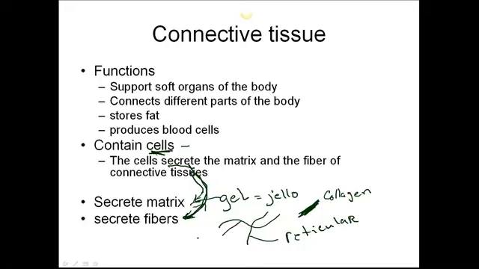Let me see if I can find it in your book. Elastin. So these are elastic, which means that they can stretch and they'll go back to their original shape. And if you look at a slide, they have bends in them, so you know they're elastic fibers. They can kink and then go back to their original shape.